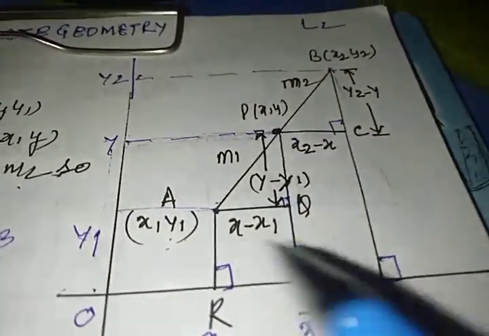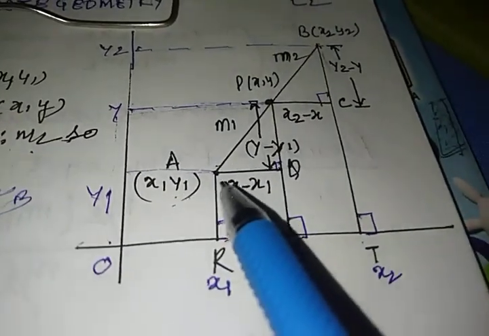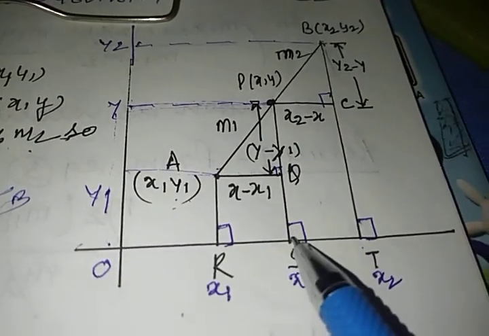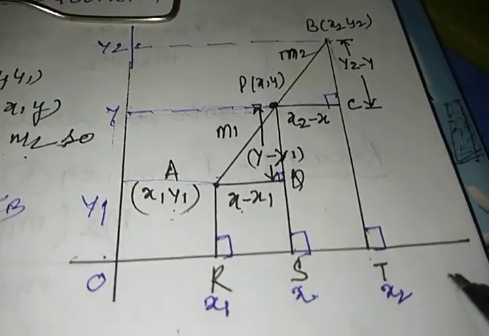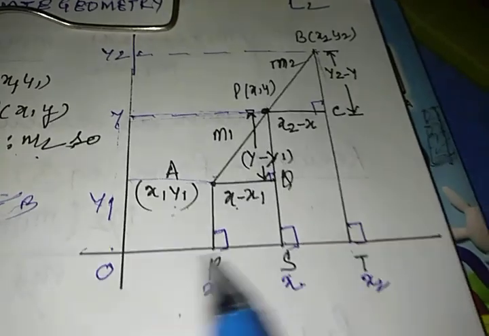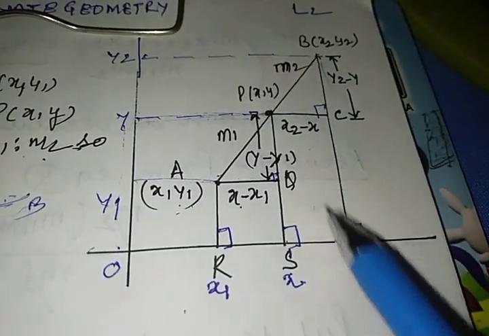So similarly here it is x1, x2. Now the distance AQ will be x minus x1, since x is further from x1. And this is x and this is x2, so this will be x2 minus x.